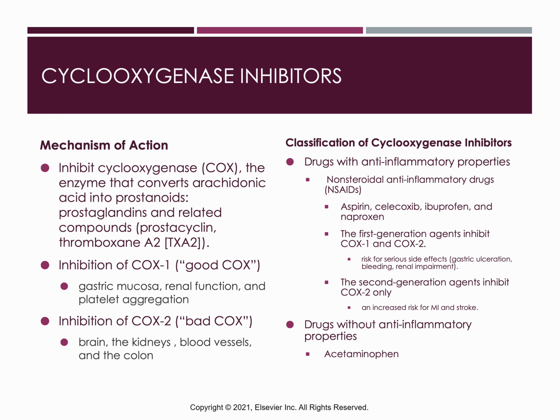So in order to understand the drugs that inhibit COX, we also have to understand how COX itself works. So cyclooxygenase can be found in our tissues, and it's involved in a process that can help regulate different things in our body.